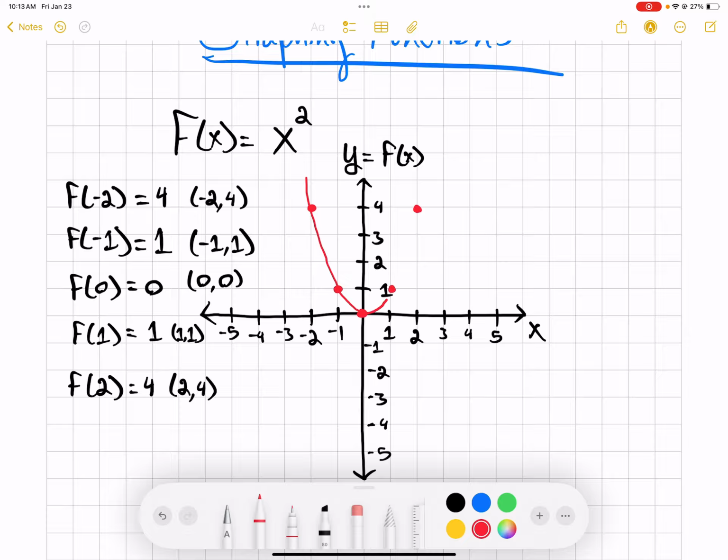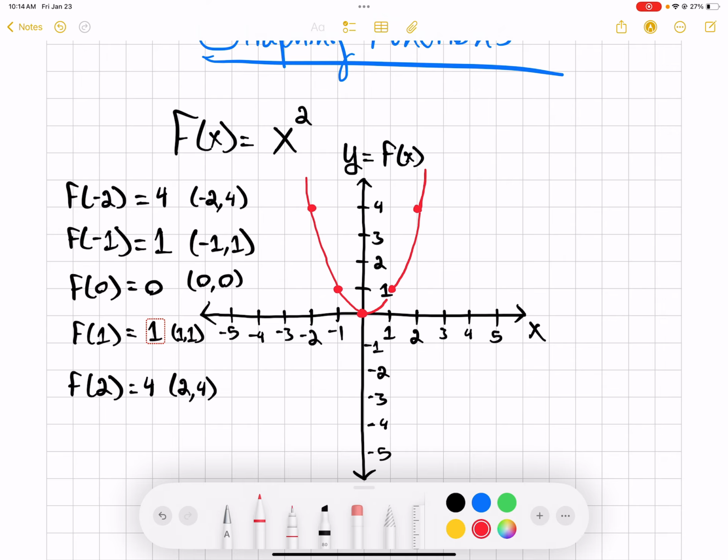That's what the graph is. That's what you're looking at when you're looking at the graph of a function. You're looking at an infinite number of inputs and their corresponding outputs. And they're all right there on the graph for you to see.